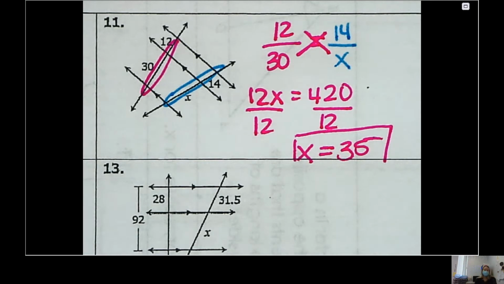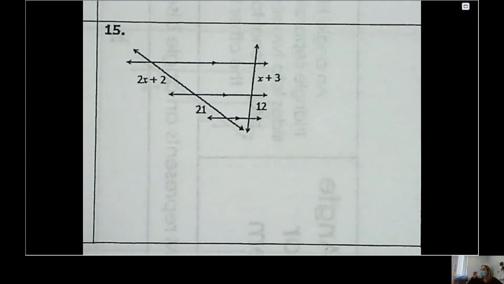All right, let's hop down to 15. Do I have questions on that one? Let's hop to 15. 15 is literally the hardest that it gets. Okay, so we're doing the same thing. 2 numbers on the same side, and we're going to write it as a fraction. What would one of my fractions be?